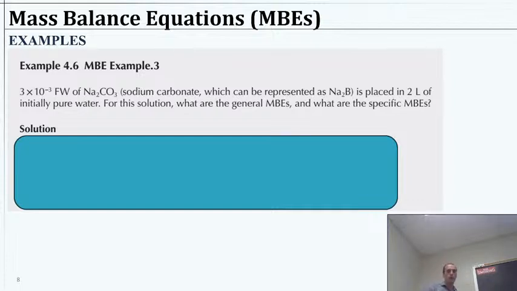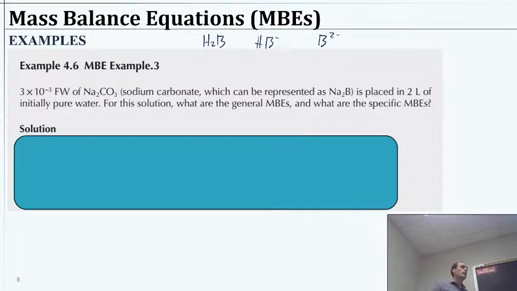Then for this solution, we want to know what are the general mass balance equations and the specific ones. And I'm going to remind you that since this is acting like that Na2B, we need to consider the H2B, the HB minus, and B2 minus.